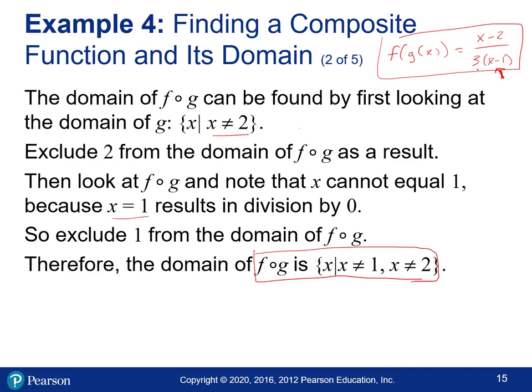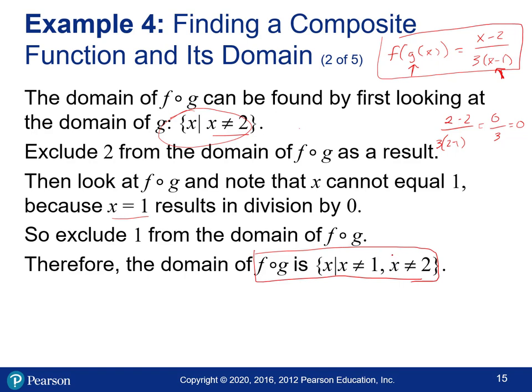What I want you to notice is that in this final answer for the composition, it doesn't look like 2 is a problem. If you plug 2 into this function, it's 2 minus 2 on top, 3 times 2 minus 1 on bottom, which is 0 over 3 times 1, which is just going to be 0. It looks like 2 is okay, but because you couldn't plug 2 originally into the inside function, you still have to keep that restriction.